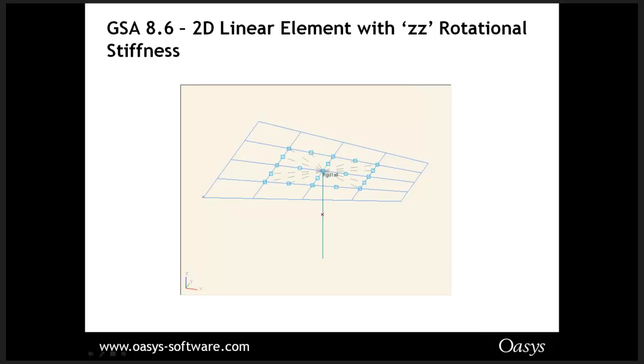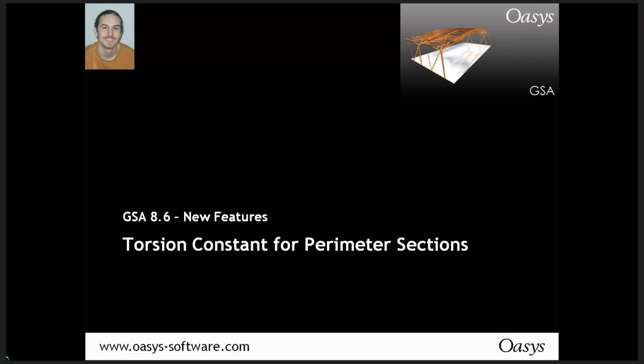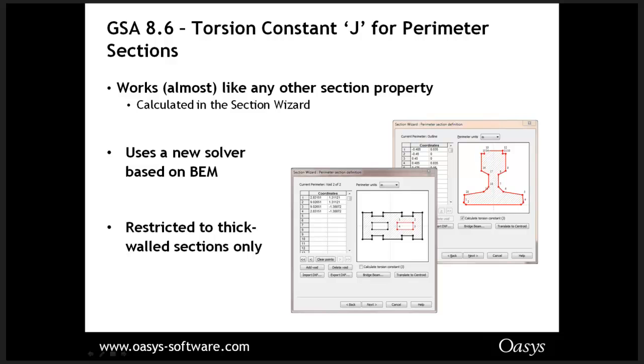The other thing I'm going to touch on is we've added the calculation of the torsion constant for any arbitrary perimeter section. This works very much like any other section property you'd find in the section wizard for perimeter sections. We have added a checkbox, calculate torsion constant, which you tick explicitly.